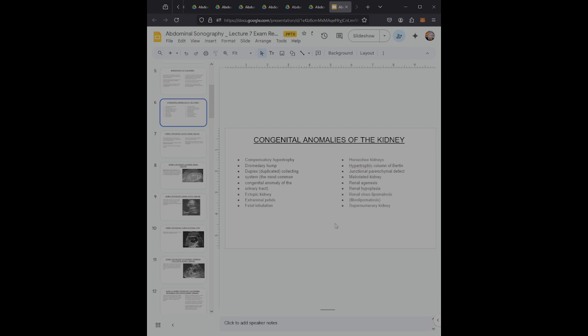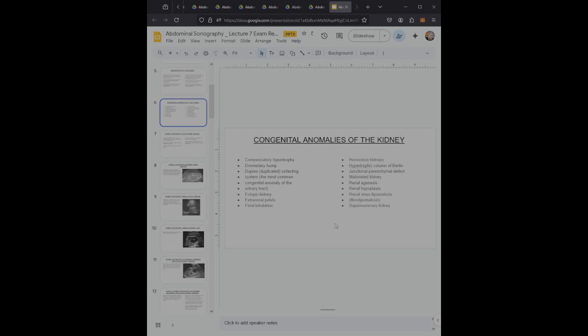A thoracic kidney is a kidney that sits partially or completely within the chest. The extrarenal pelvis is a renal pelvis that is located outside of the renal hilum. Fetal lobulations are lobulated or bumpy outlines to the kidneys, and they can also be seen in adults.